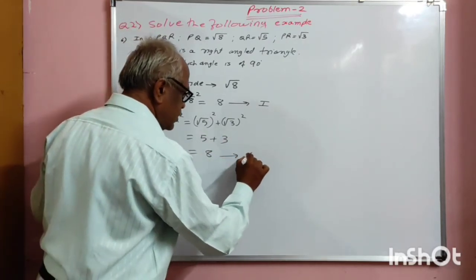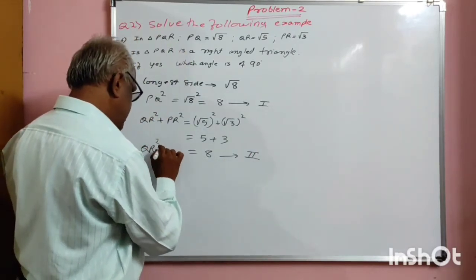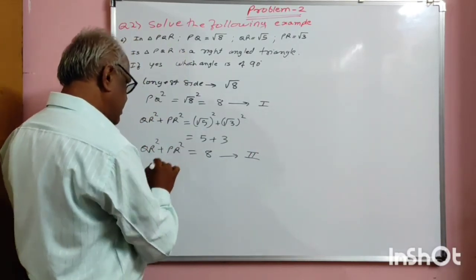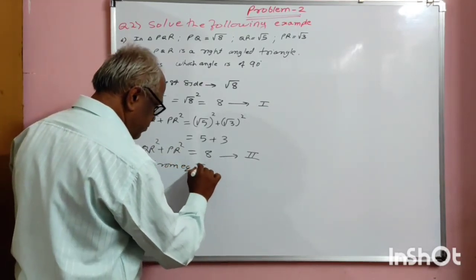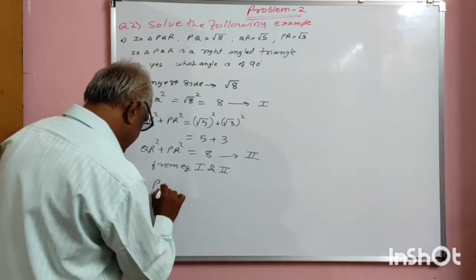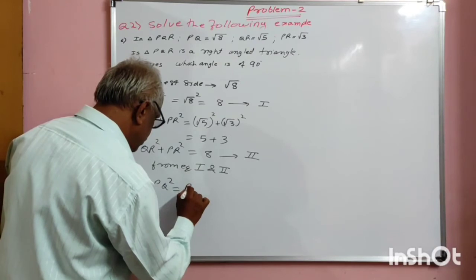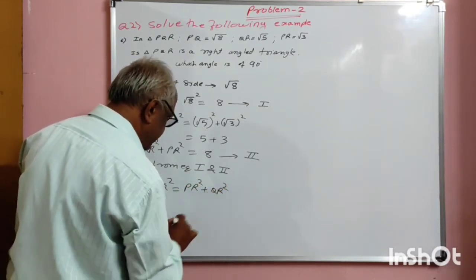This is equation number 2. That is QR square plus PR square. Now from equation 1 and 2, PQ square is equal to PR square plus QR square.